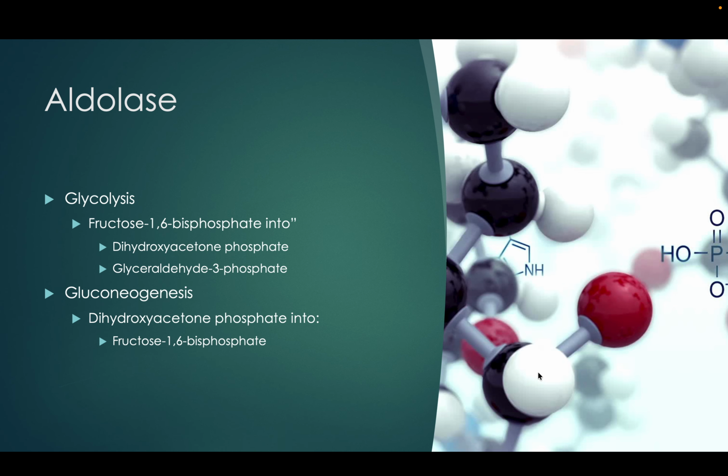So, in other words, during glucogenesis, the glyceraldehyde 3 phosphate needs to first be converted into the dihydroxyacetone phosphate before aldolase is able to convert it back into the fructose 1,6 bisphosphate. So while the fructose 1,6 bisphosphate can turn into two molecules, only one of the two molecules it produces can turn back into the fructose 1,6 bisphosphate.